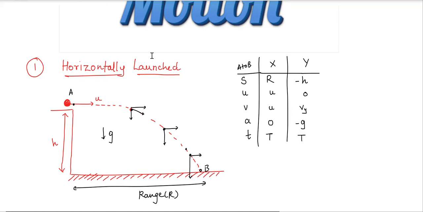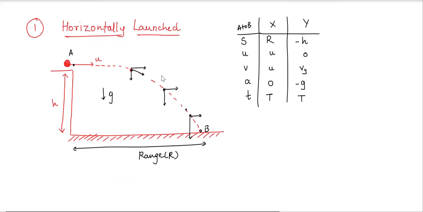Now from this table, we can quickly derive all these quantities. Let's say I need to figure out three important things: what is R, what is the velocity at the final point B, and then we have to find the time.